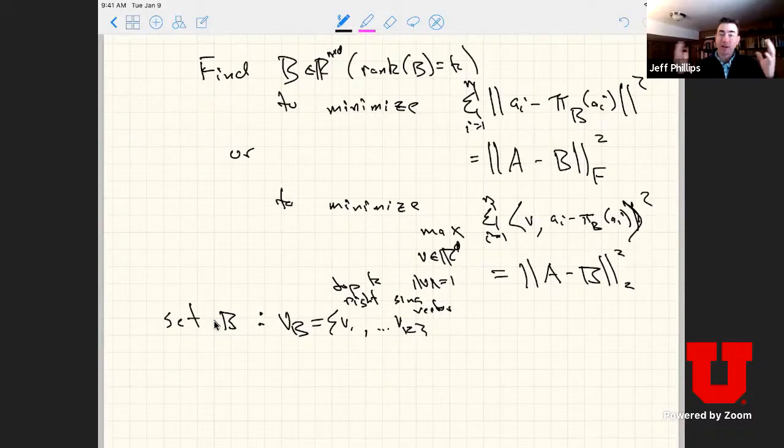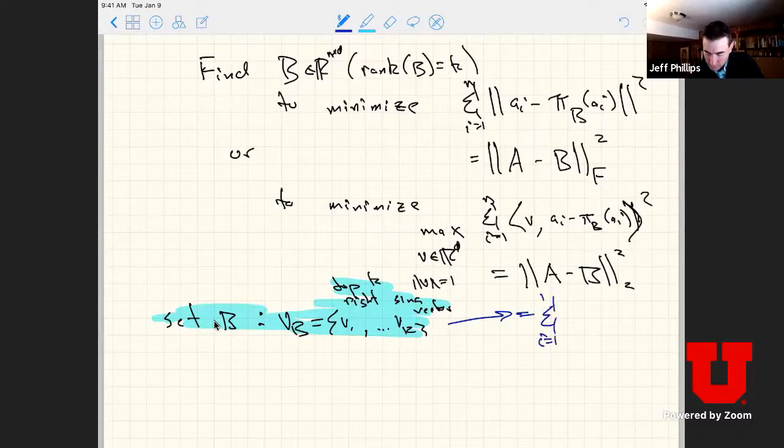Okay, so if these are defined by the top k right singular vectors, then I'm going to get that this is exactly equal to the sum over i of vk plus 1 dot ai, squared, which is exactly equal to sigma k plus 1.